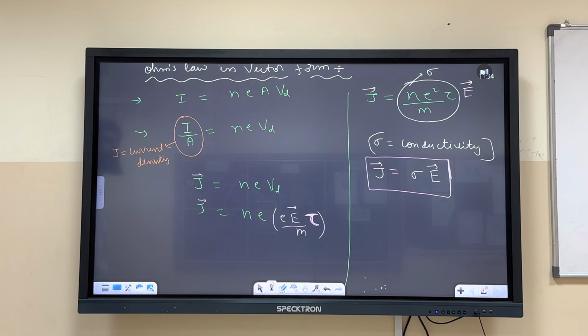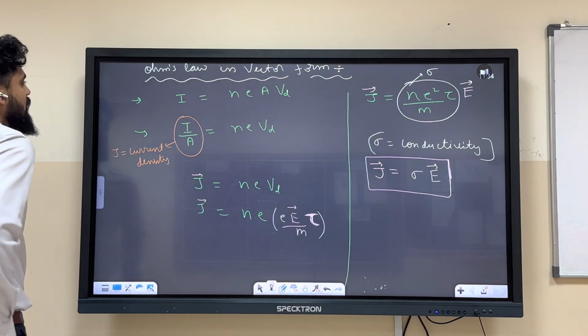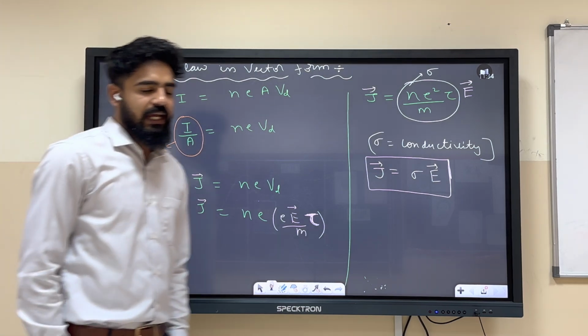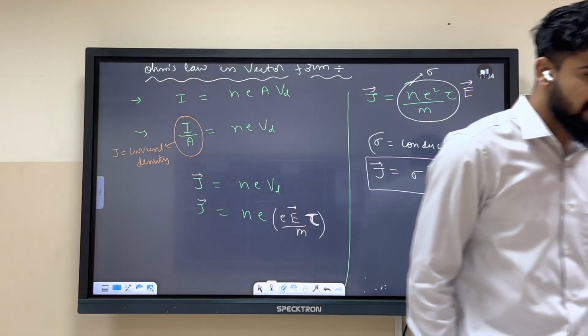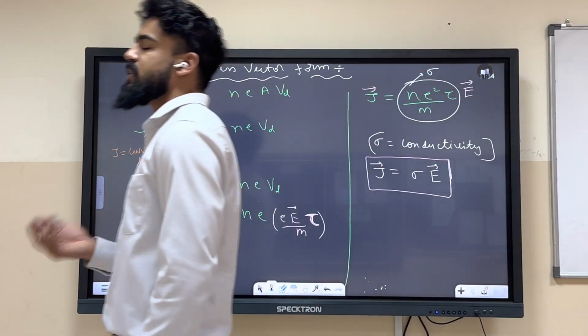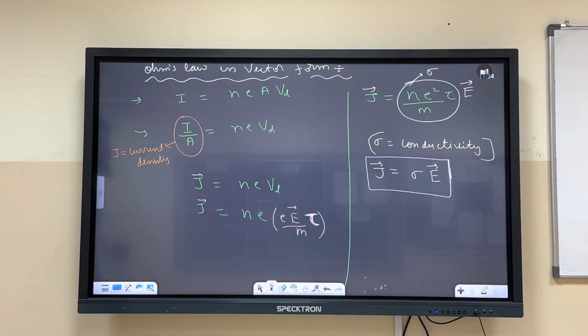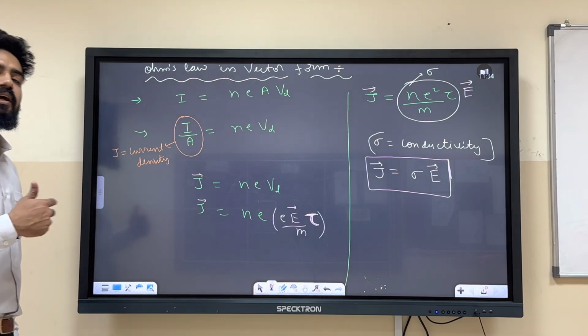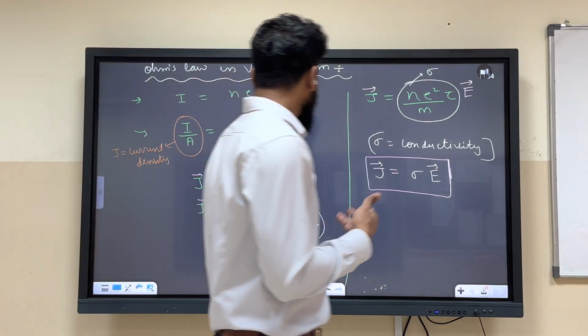Again, a very important derivation. Please look carefully at how we did it. I equals nEA V_D. After that, we write I by A, that is current density, equals nE V_D.